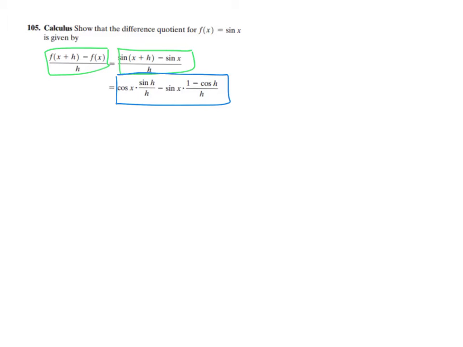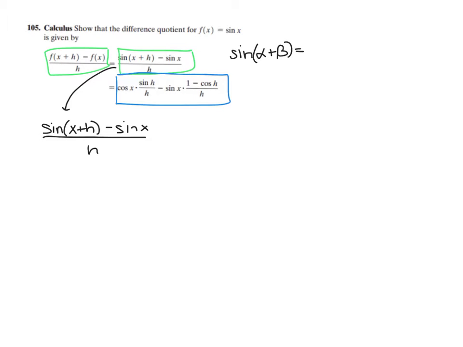So the first thing I want you to notice in this thing in green is that I have a sine of x plus h. That sine of x plus h can be rewritten using one of our sum formulas. The sum formula that we're going to use is the sine of alpha plus beta.